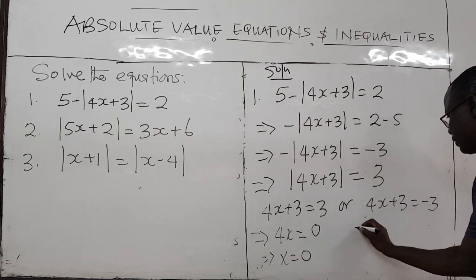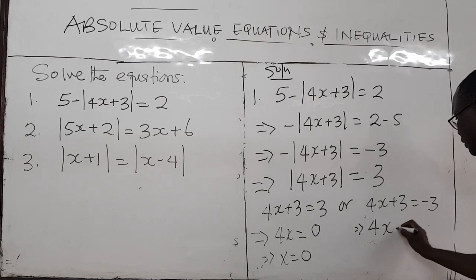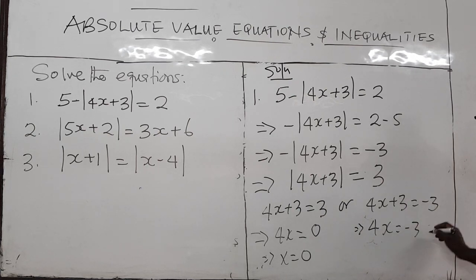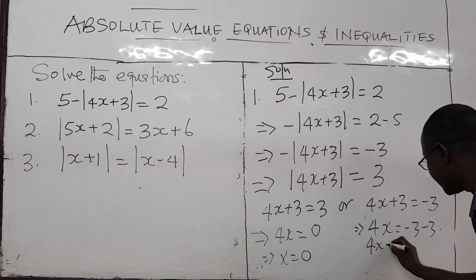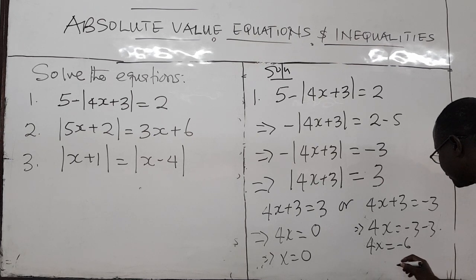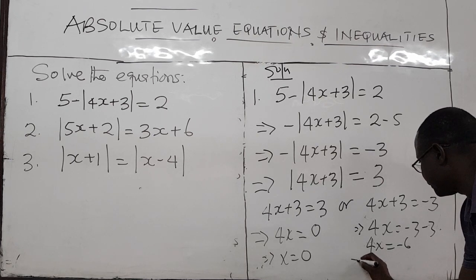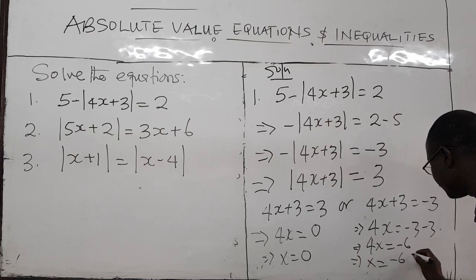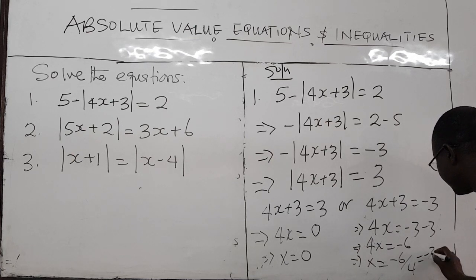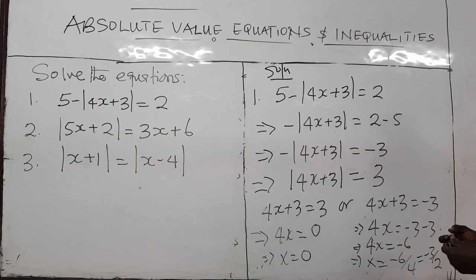Then from here, 4x will be negative 3 minus 3, so 4x is equal to negative 6, which means that x is equal to negative 6 over 4, that is negative 3 over 2.